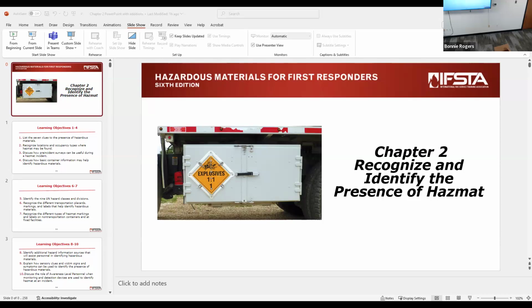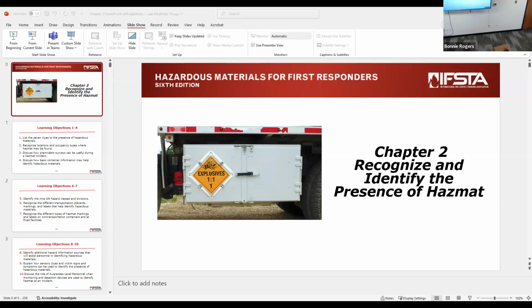All right, what are the 7 clues to the presence of hazmat? You can look back in your book. Okay, what's number 1? Say it loud and proud. Occupancy types and pre-incident survey. Okay. Give us number 2. Basic container information. Number 3. Transportation placards, markings and labels.